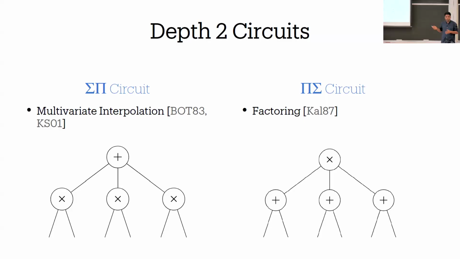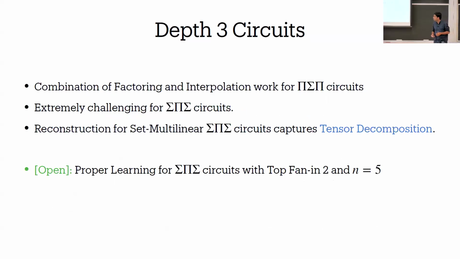But even for depth 2 circuits, the problem is kind of non-trivial. As soon as you move to depth 3 circuits, if it's a pi sigma pi circuit, then just the combination of the two techniques we discussed works, because the polynomial is a multiplication of sparse factors. But if you look at a sigma pi sigma circuit, the problem becomes extremely challenging.